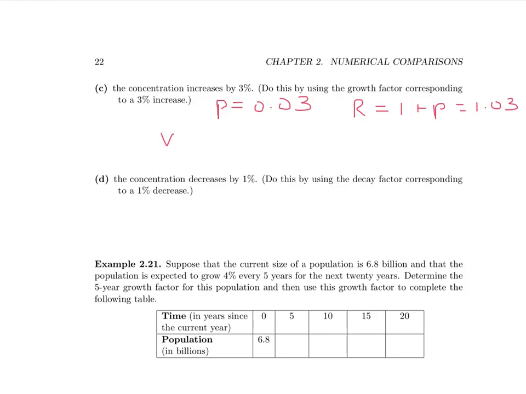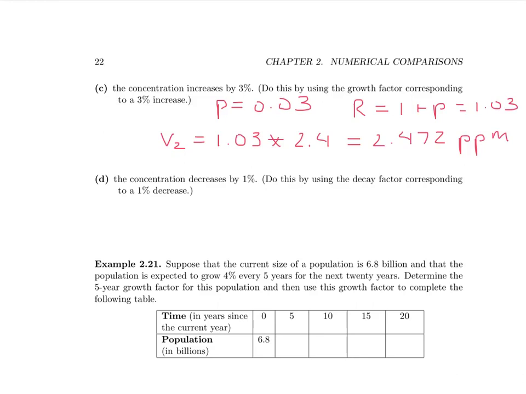So the final concentration of contaminant in the lake is found by taking 1.03 and multiplying that by the initial concentration, which was 2.4 parts per million. The result is 2.472 parts per million. So that's the final concentration of contaminant in a lake if the concentration grew by 3%.